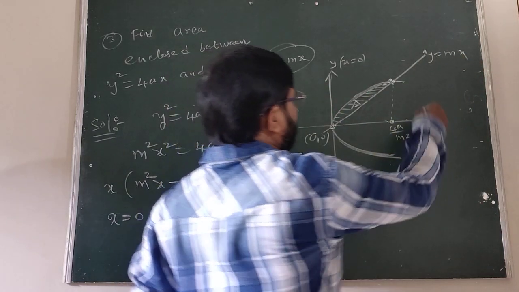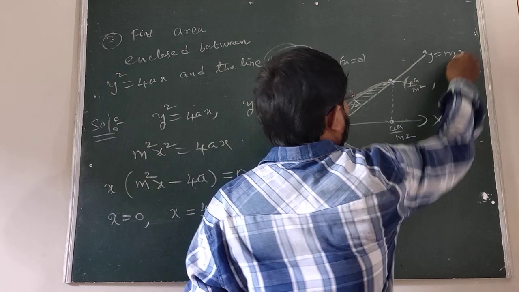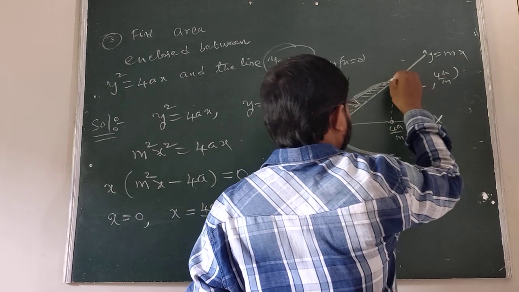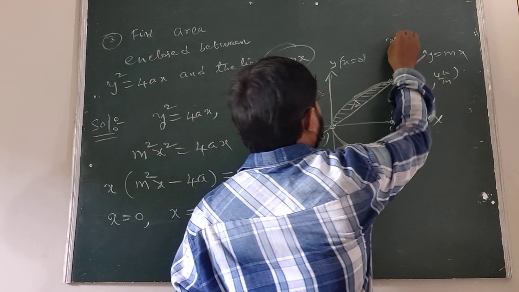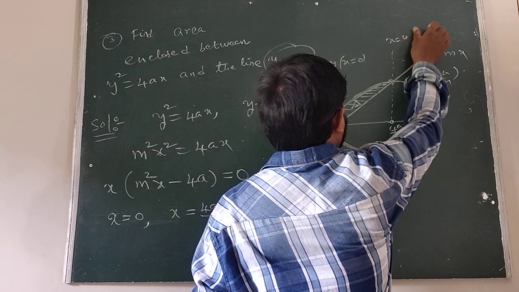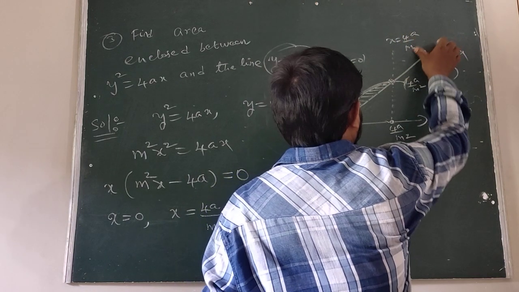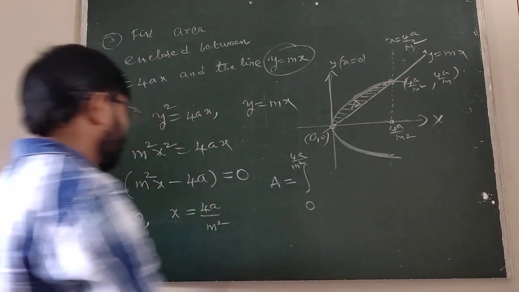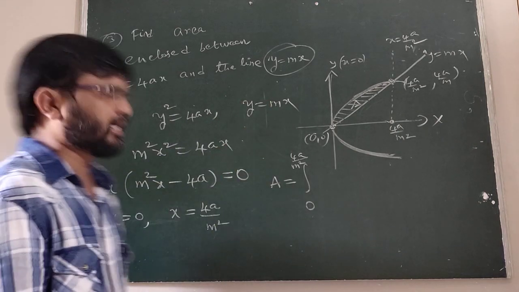But here the point is not necessary. We have to only look at the line x equals 4a by m square. That's why we are taking the limits 0 to 4a by m square.